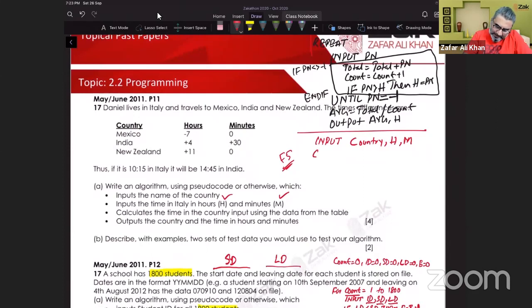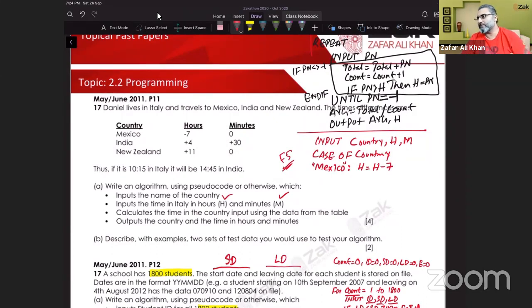So let's say case of country. If country is equal to Mexico, then R is equal to R minus 7. We have no consideration of what will happen if R goes below 0 or whatever. If they would have asked for it, then we would have done something for it.